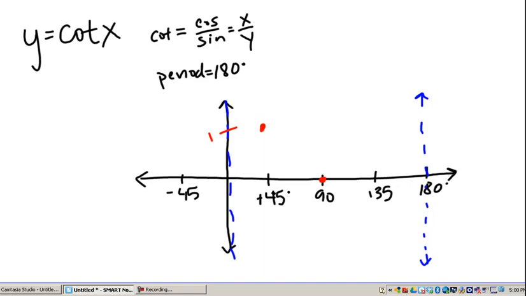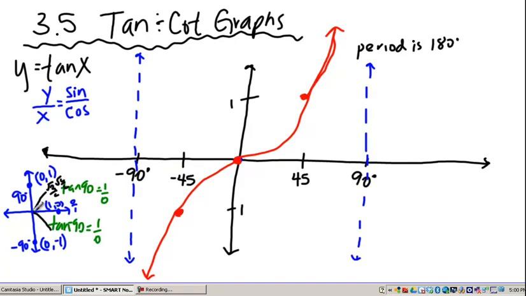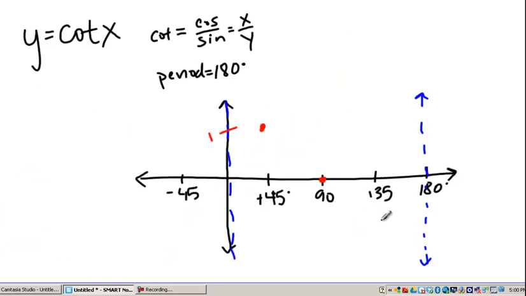And then at 135, remember it's in the second quadrant. My x value is negative, so that would give me negative 1. I need to erase that real quick. So roughly it looks like that. If you Google it or do it on your calculator, you'll see it's a little bit nicer.